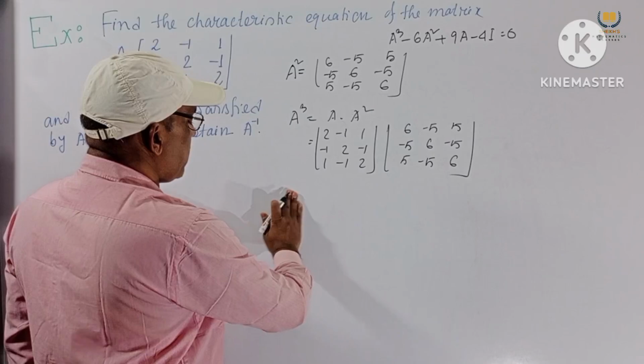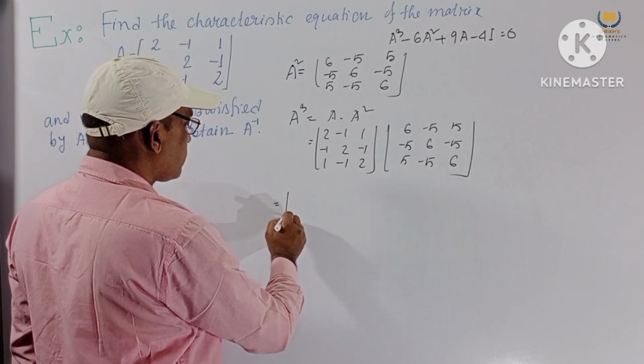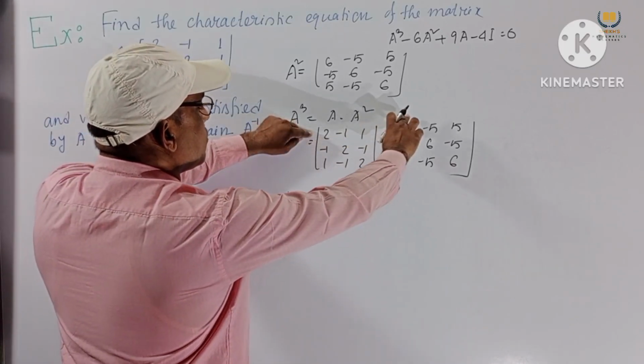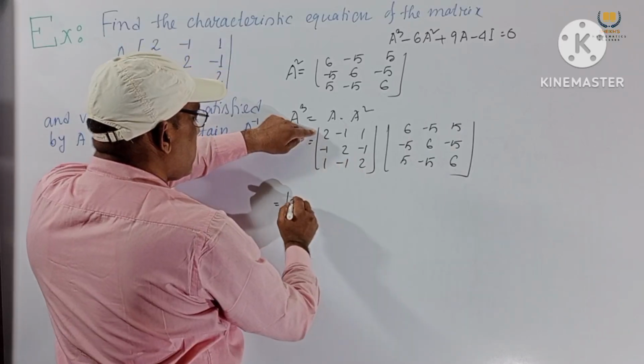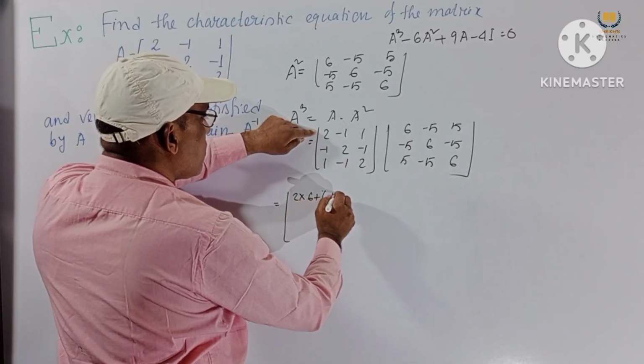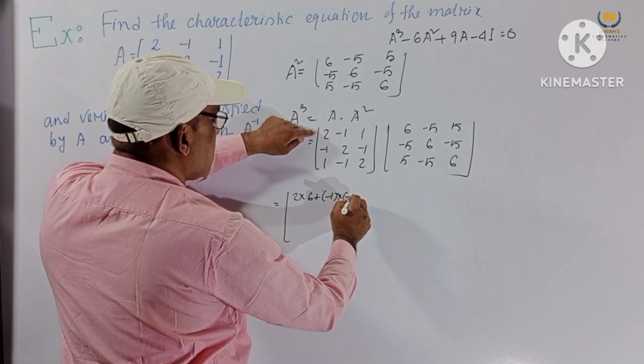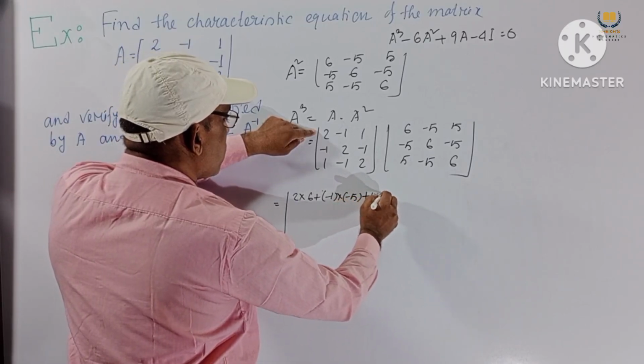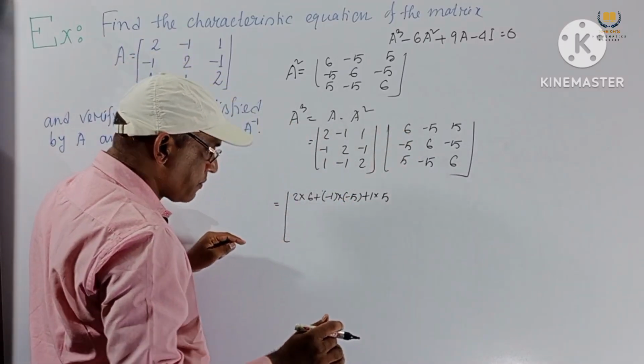Multiplying this row with this column, this column, this column: 2 into 6 plus minus 1 into minus 5 plus 1 into 5. This column is finished.